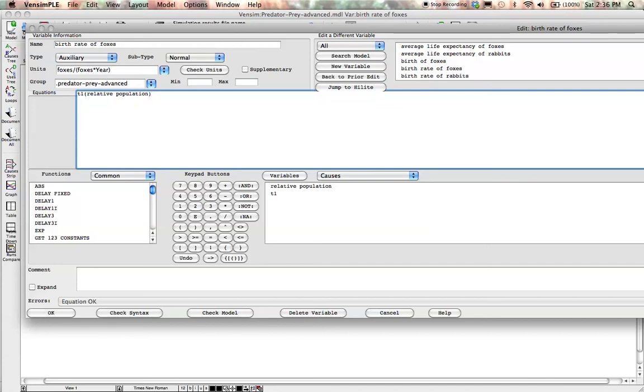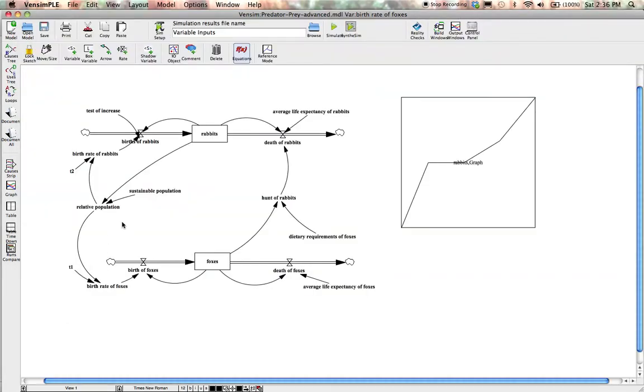And the understanding here, which is very similar to the one we saw in the Lotka-Volterra model, is that the availability of rabbits, this relative population, drives the ability of foxes to grow. So the relative population drives the birth rate through this table.